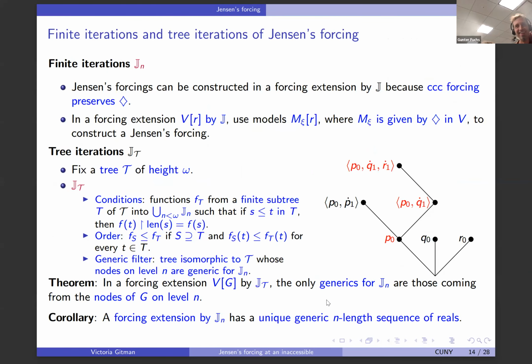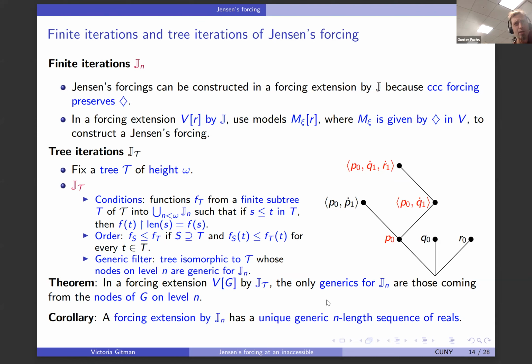Okay, so what did I want to say? I thought CCC forcing preserved diamond. Is that just blatantly false? Yes. You can destroy CH by adding Cohen reals, by countable CCC forcing. Oh yeah, I'm stupid. And similarly, if you have diamond kappa and you force with kappa-CC forcing of size kappa, that's fine.